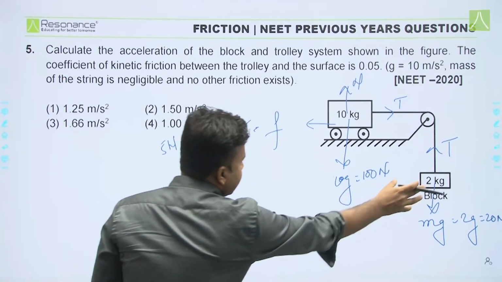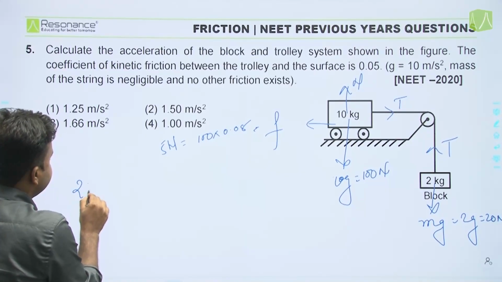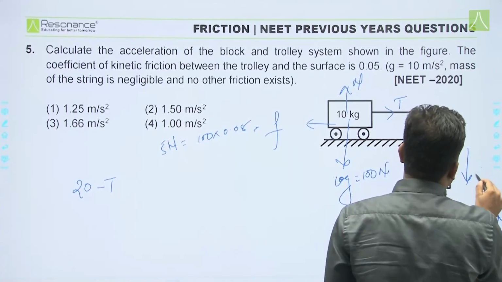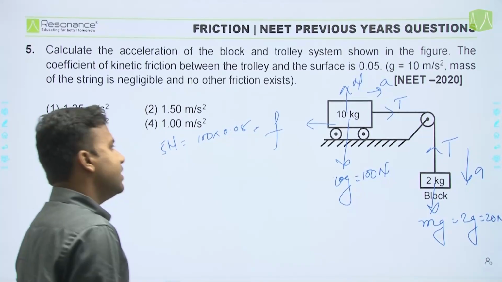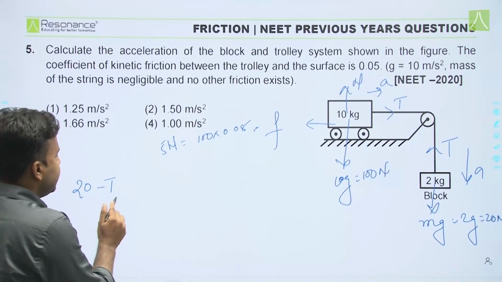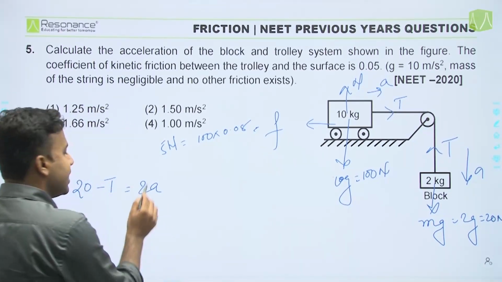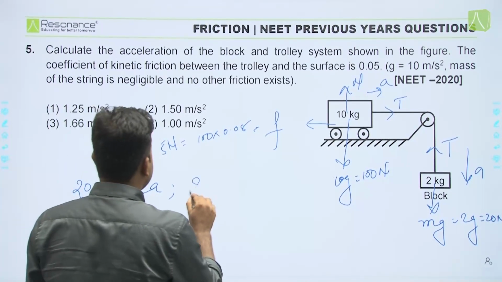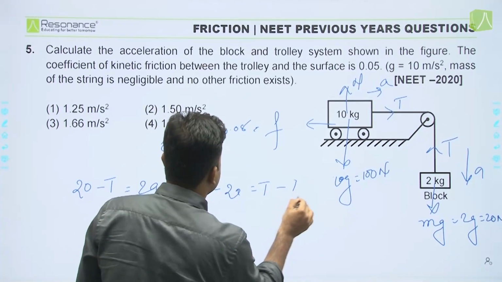First I am writing the equation for the 2 kg block. We can write 2g, or directly 20, minus T. I am assuming the acceleration of this block is in the downward direction, which is A, so the trolley moves in the horizontal rightward direction with acceleration A. So 20 minus T equal to 2 into A. We have to calculate the acceleration, so we write this equation in the form of tension: 20 minus 2A is equal to T. This is our first equation.